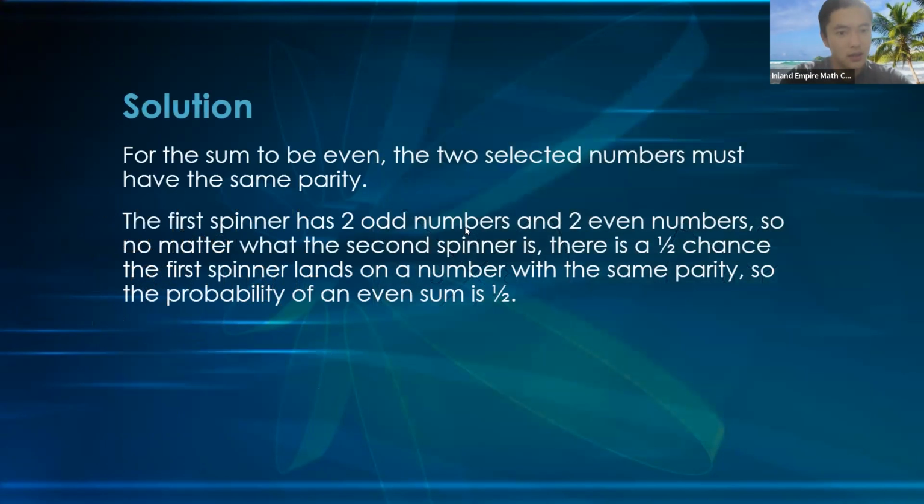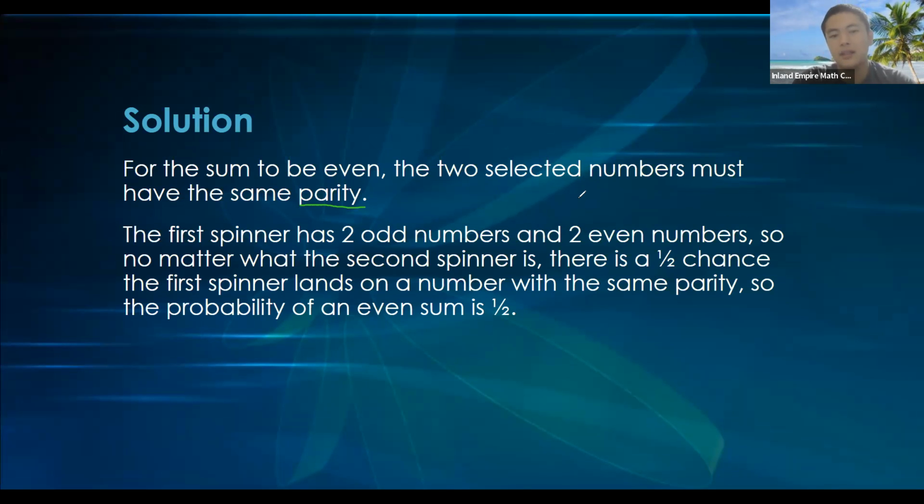Solution. So pretty intuitive. If you want the sum of two numbers to be even, the two selected numbers have to have the same parity. Oh my God, here's another fancy mathematical word. So what is parity? Parity is basically the odd/evenness of a number, right? So it's basically like a fancy adjective for describing whether a number is even or odd.